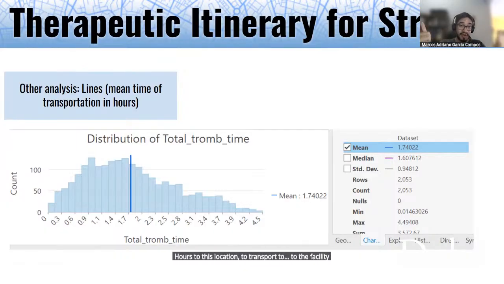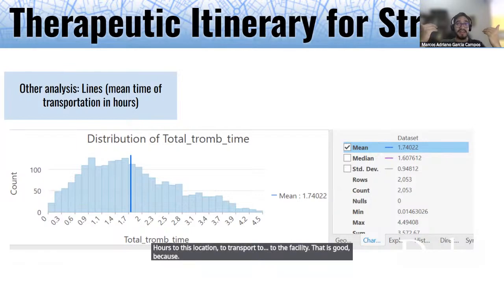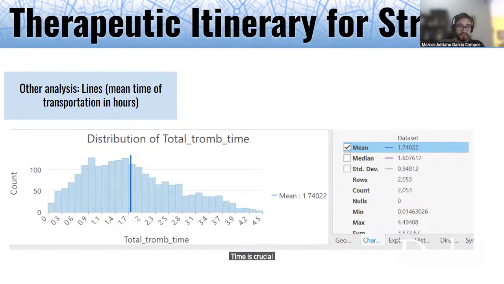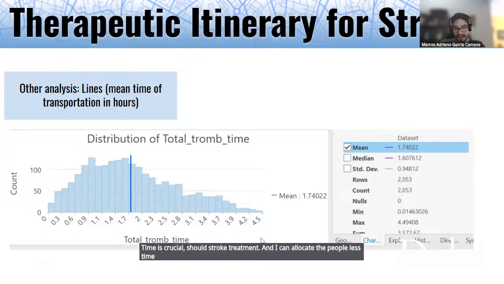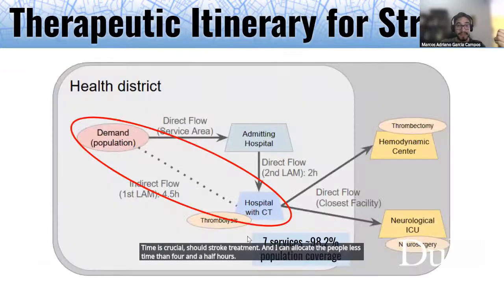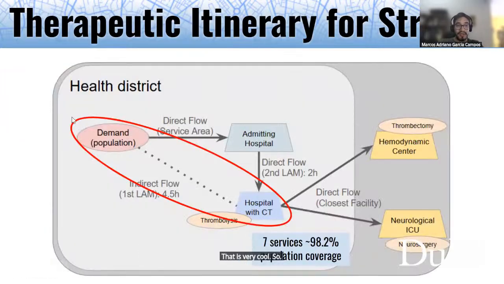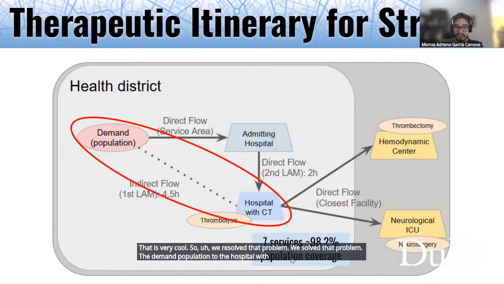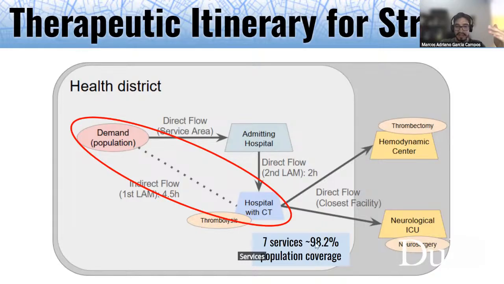That is good because time is crucial for stroke treatment. And I can allocate the people in less than 4.5 hours. That is very good. So we solved that problem: the demand population to the hospital with CT, with 7 services and about 98% of population coverage.